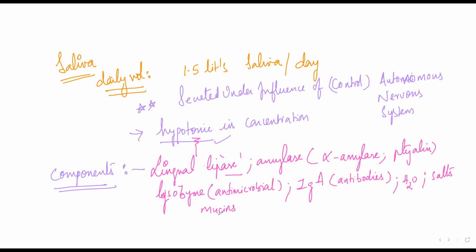So remember children, let me underline these with the blue color. The mucins, the water, the salts, all these three together are the lubricants making your food into bolus, added up with the mucus and lubricating it into a smooth paste-like bolus. So these are responsible for that.